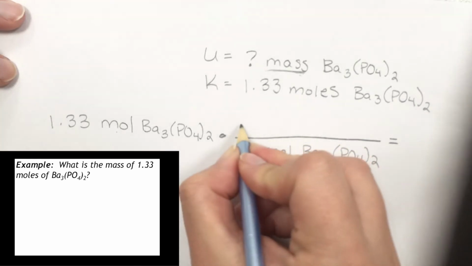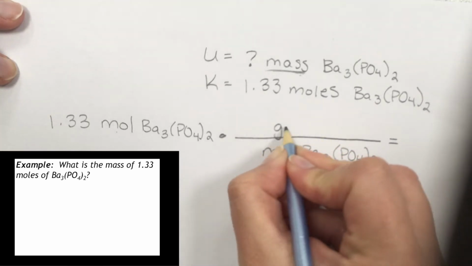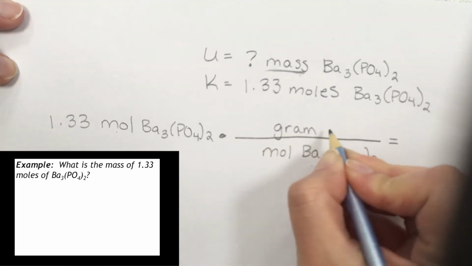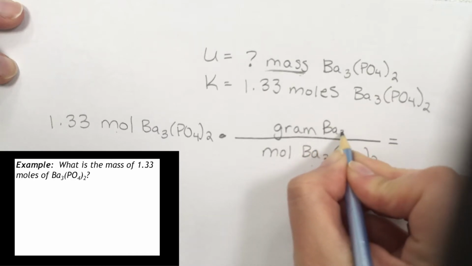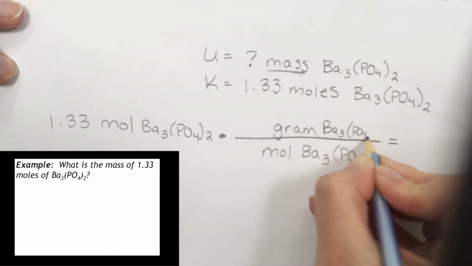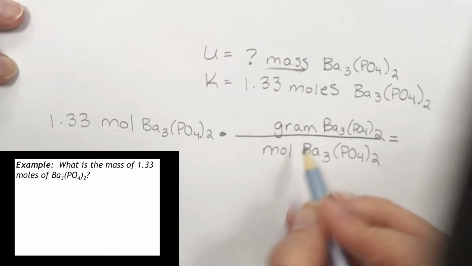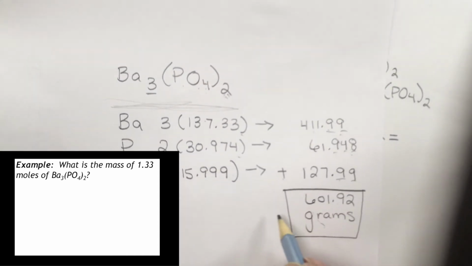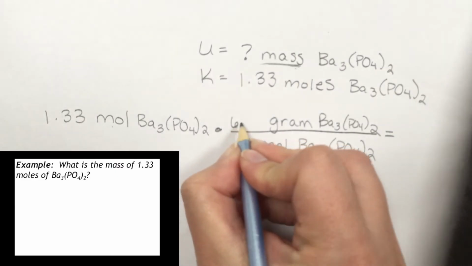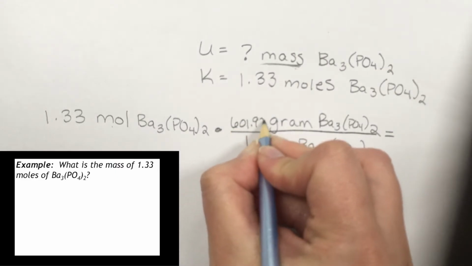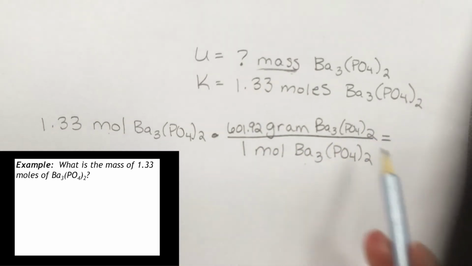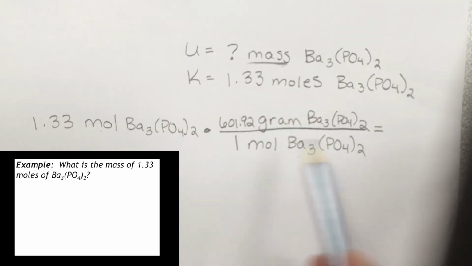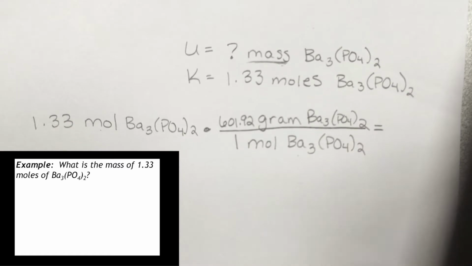So that's the molar mass of grams of Ba3(PO4)2. So basically for every 1 mole, like we calculated here, we have 601.92 grams. So we're going to put it here, 601.92 grams of that. And now we just plug it into the calculator and our answer will be our answer.